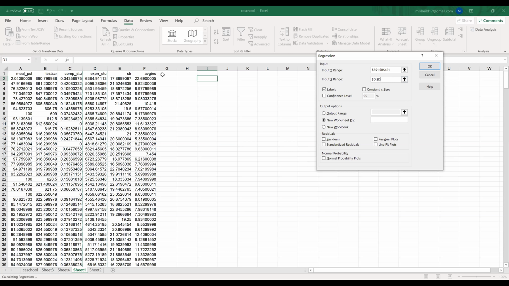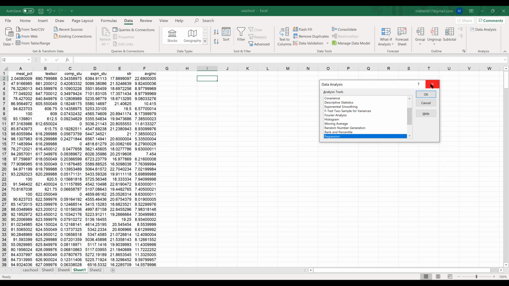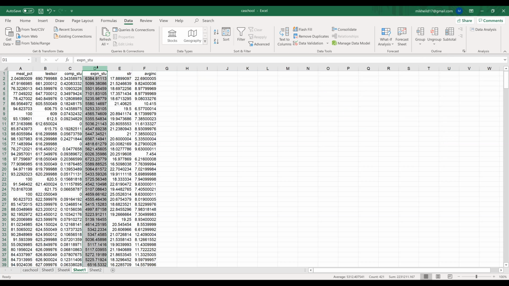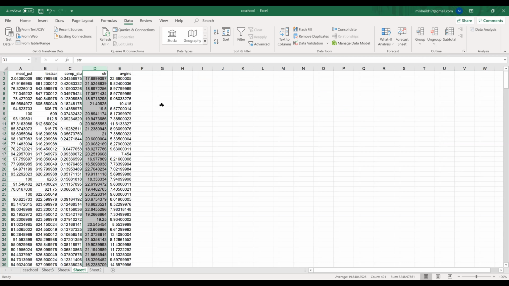Professor, you can't use the comma. It does not work. No, it did not work for me. Yeah, this is a limitation of Excel. In R, we don't face this kind of problem. So what I will do right now is delete column D. Then there will be no column D, and I will just have these two, CompSTU and STR, with nothing in between.